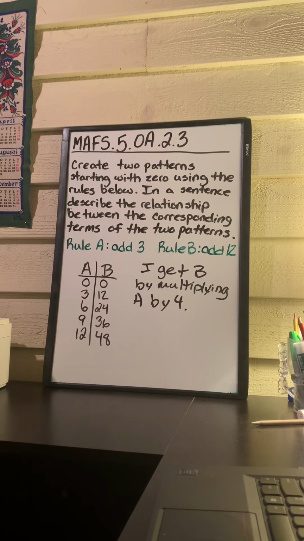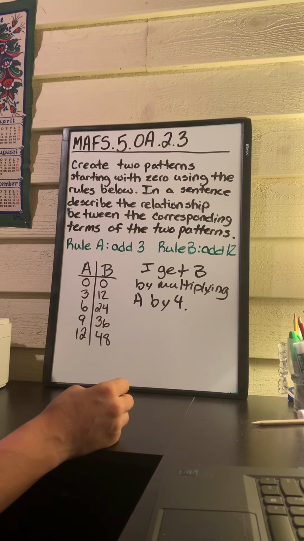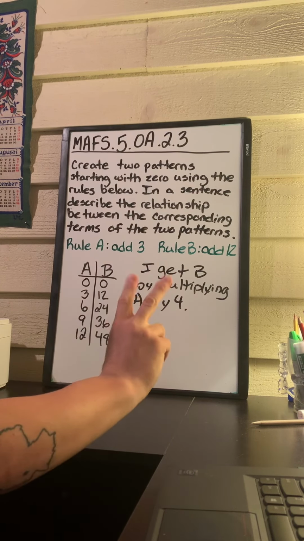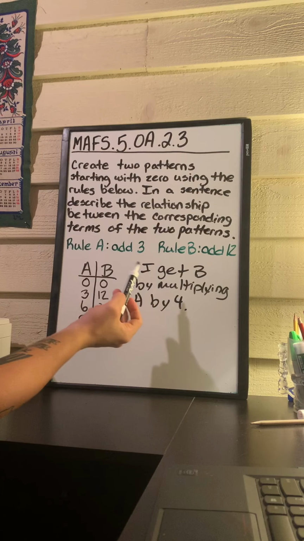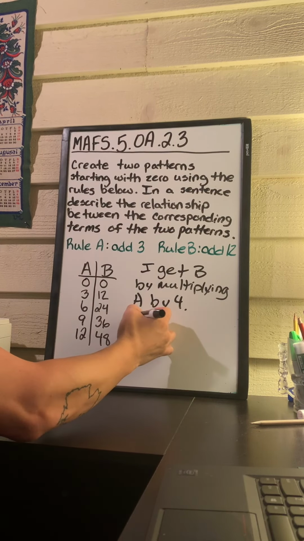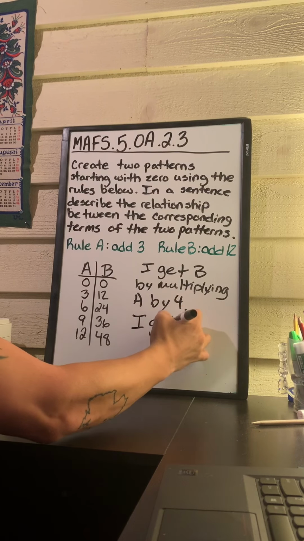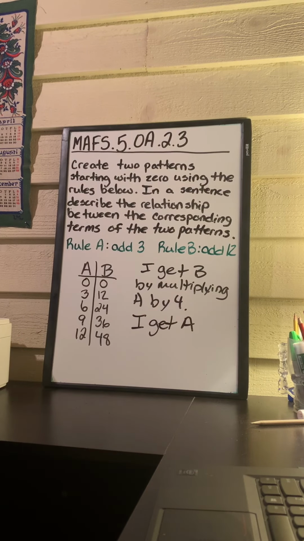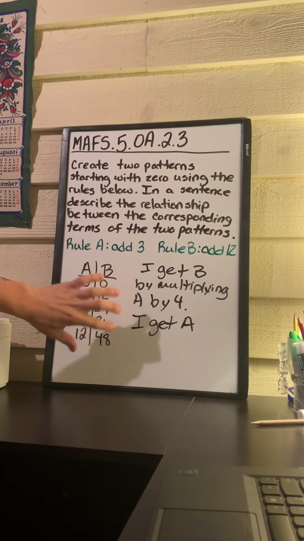Now the next thing you need to realize is every single mathematical relationship has two relationships. So I got B, but we can also say, how do I get A? So that means I'm going to look at B, and how would I get to A?